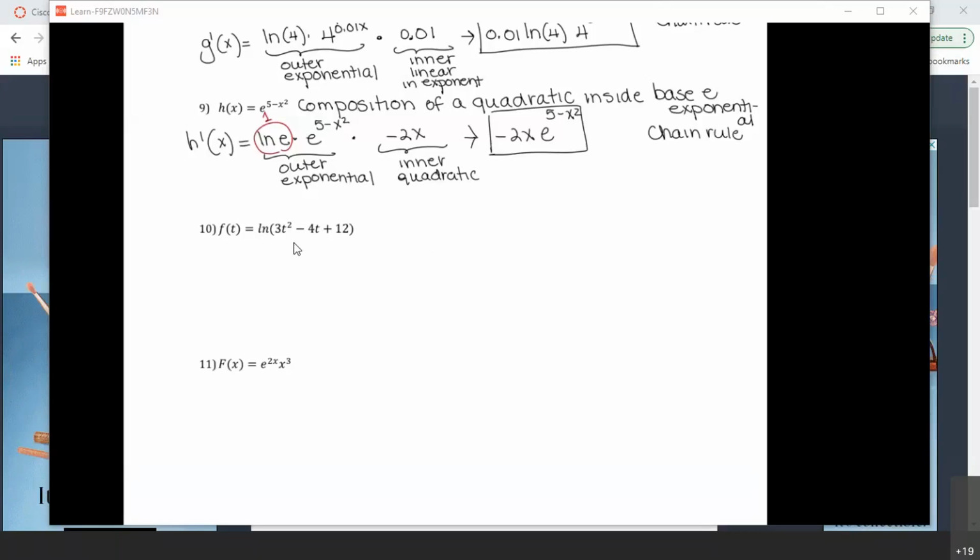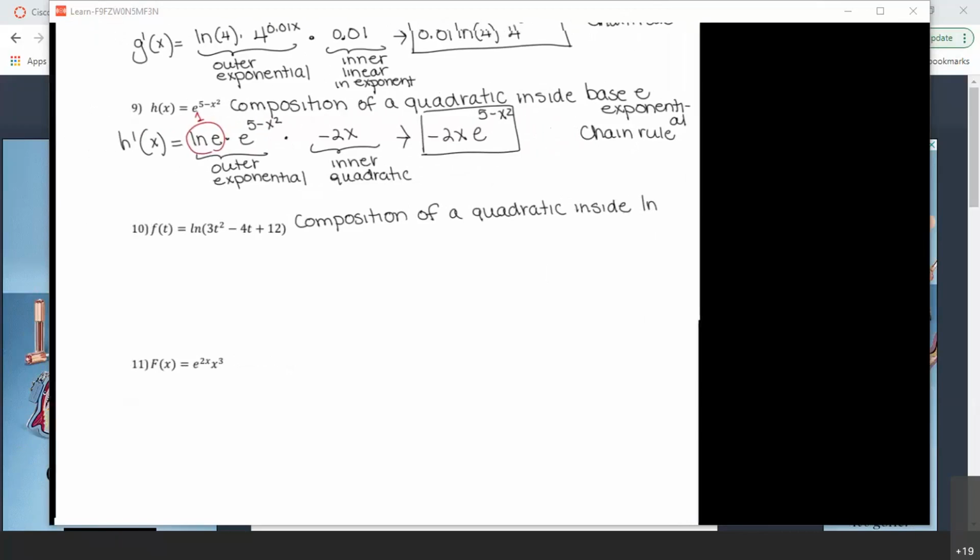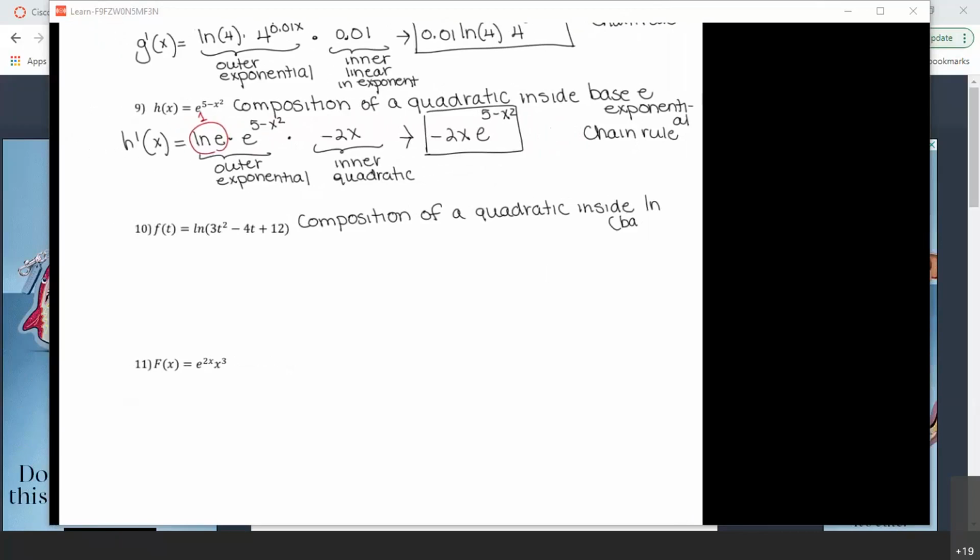I'm sure everybody's seeing ln, which is a log base e. But notice the quadratic that's the argument to it. So this is a composition of a quadratic inside log base e, or ln.